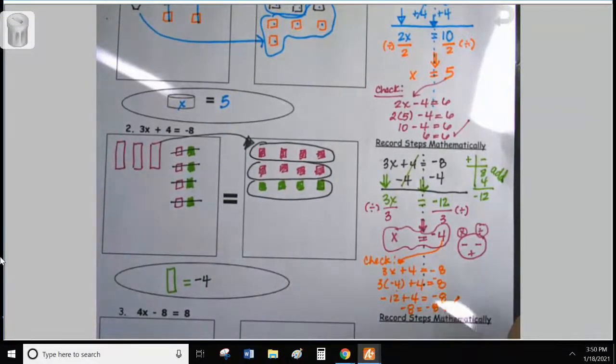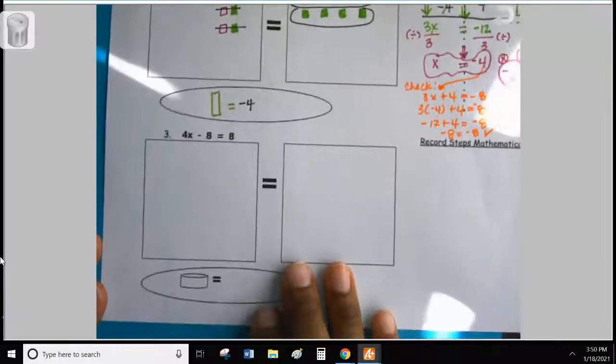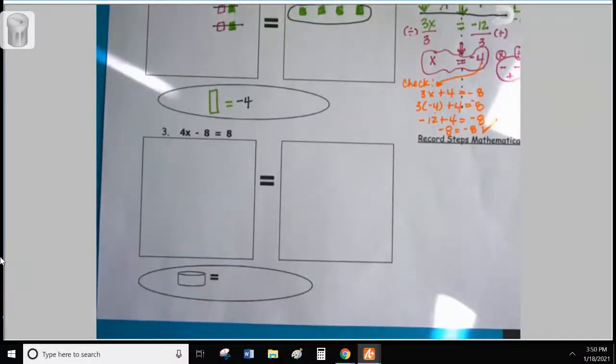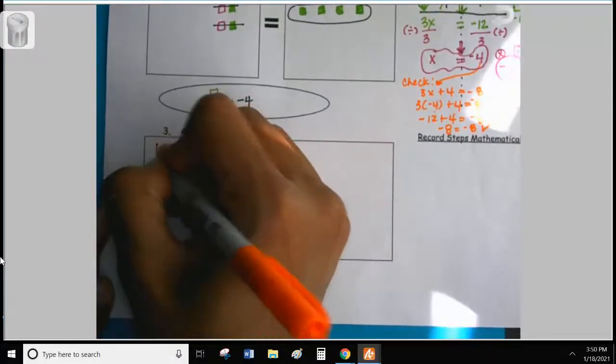Let's do one more model, and then we're going to do one more without a model. So here I have 4x minus 8 equals 8. We're going to start by drawing our 4 x's. I'm going to do rectangles again. Those are easy.